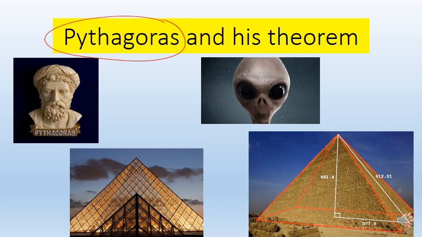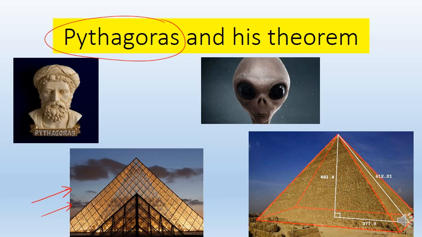If you look at the ancient pyramids, you'd find that the Theorem of Pythagoras is very evident in the construction of the pyramids. And if you visit the Louvre in Paris, then you notice that the composition of the structure is highly based on, obviously, mathematics, and in there it incorporates the Theorem of Pythagoras.